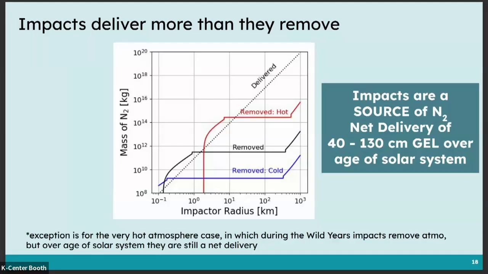And I won't go through the details of this figure, but the punchline that we found is that impacts are actually a source of nitrogen rather than a loss. Because Pluto's atmosphere is relatively thin, you can only remove so much nitrogen for every impact. And so for most impactors, they deliver more nitrogen than they remove.